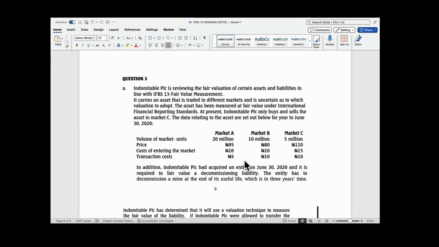What did you say? It's 90. No, it's 85. It's 85 actually now. 95 minus 10. You don't deduct transaction cost in determining fair value. So it's actually 85.